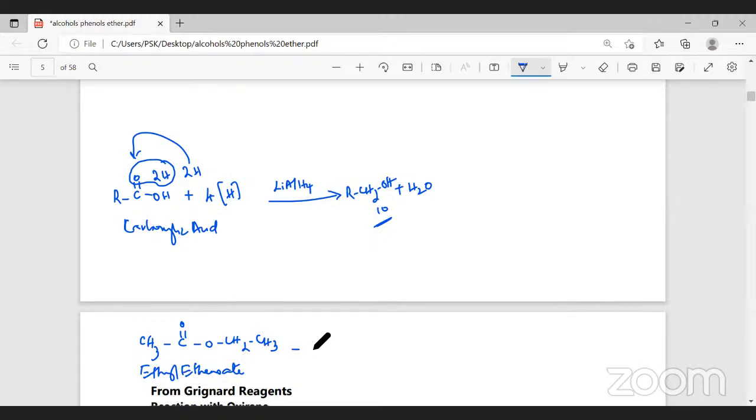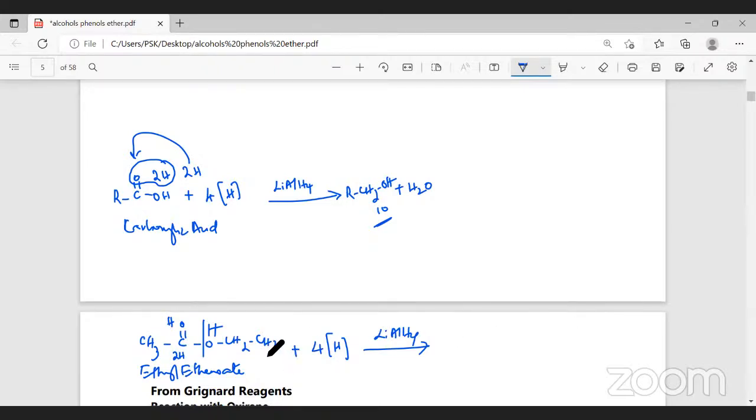This ethyl ethanoate, when it is reduced using lithium aluminum hydride, what happens? Now 4 hydrogen atoms are there. The bond breaks between carbon and oxygen. One hydrogen attacks this oxygen, the second hydrogen attacks this oxygen, and the third and the fourth hydrogen attack this carbon.